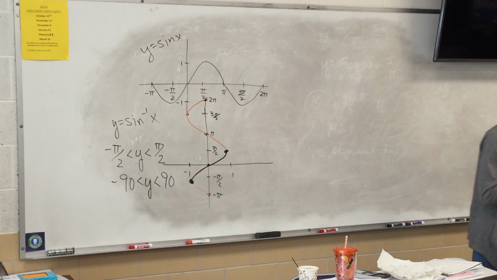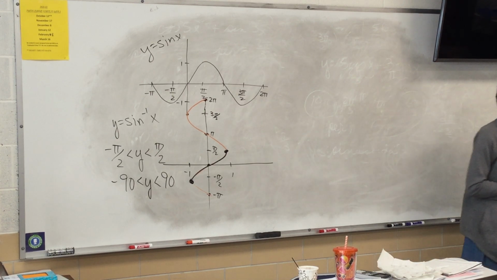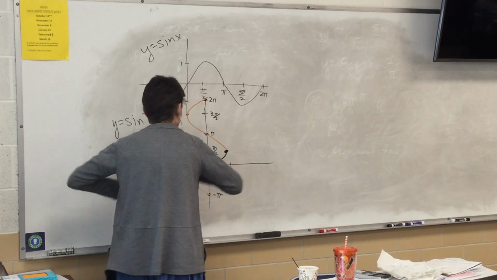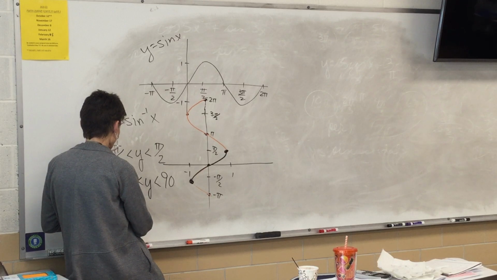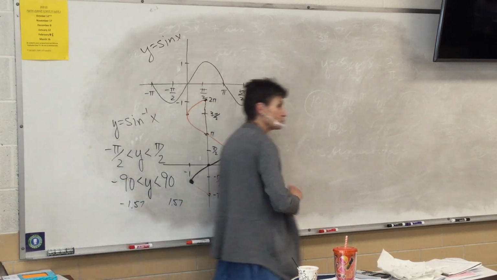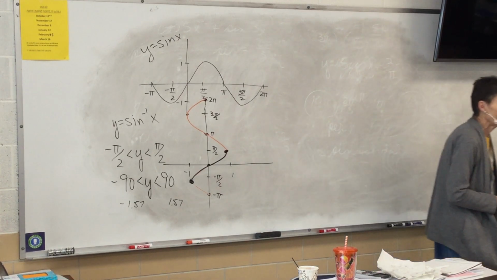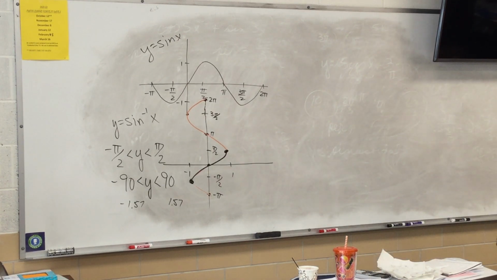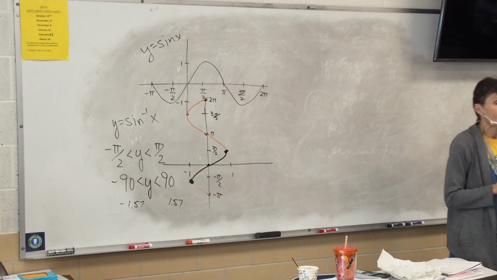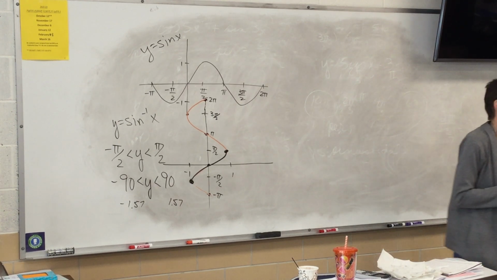Okay, so let's try something. Let's inverse sine 1/5. Just on your calculator, inverse sine 1/5. Remember, π/2 is like a 1.57. So when you get decimals, is the decimal you got between -1.57 and +1.57? Yeah, let's pick another number. Let's inverse sine -2/3.